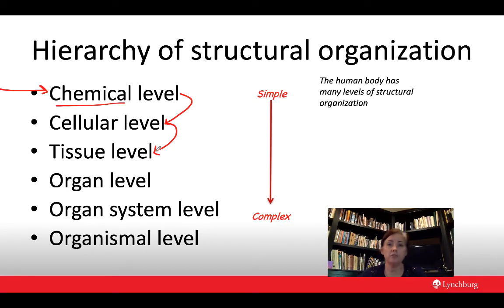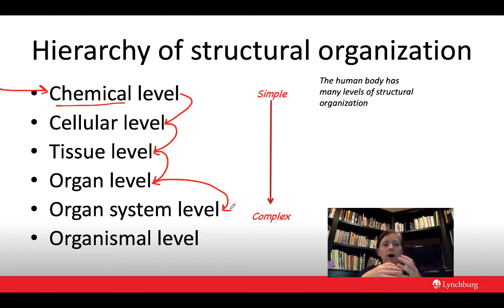Different types of tissues are going to combine to create organs like the heart and the liver and the brain. And then we'll have multiple organs that are all working together to perform the same function, and they combine as an organ system.